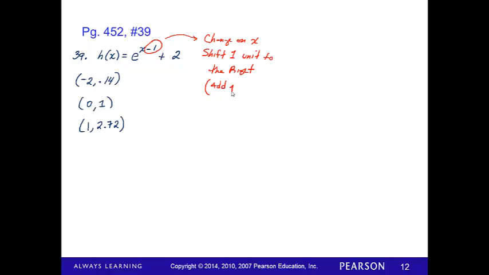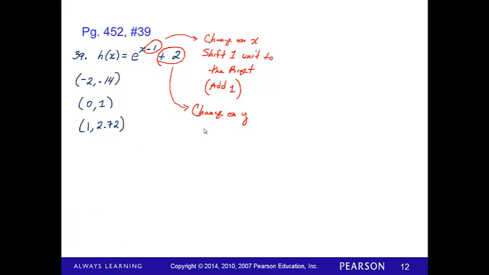So we'll add 1. It's only the x coordinates, right? And then let's move on to the next, which is plus 2. Well, I don't see any x's around it, so it must be a change on f of x, which is y. So it is a change on y. And what is its change? It's telling us to go up.